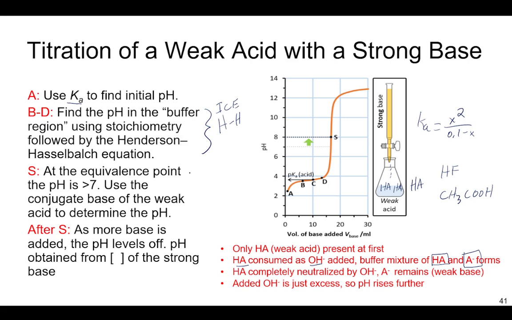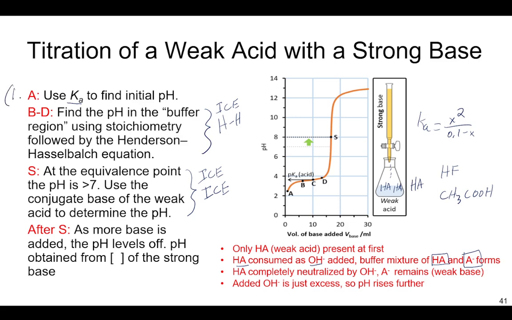At the equivalence point, this is going to be much different than our strong acid, strong base. We will do an ice chart, figure out what the volume is, what the new acid and base concentrations are, and then do a second ice chart. Oh no. Okay, so this will be much different than our strong acid, strong base titrations.